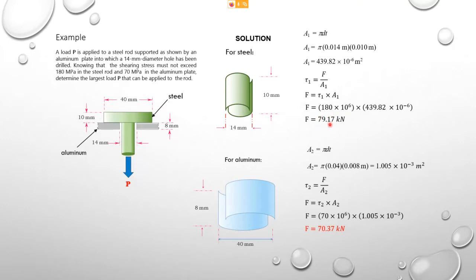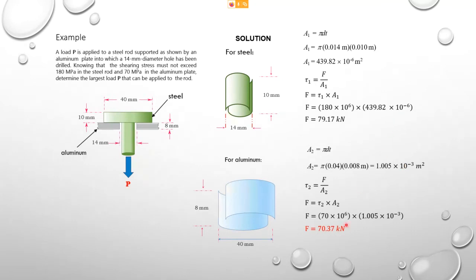The steel can withstand up to this much force. If I apply this force here for the aluminium, definitely the aluminium will fail. But if I apply this force here to both, it might not fail.